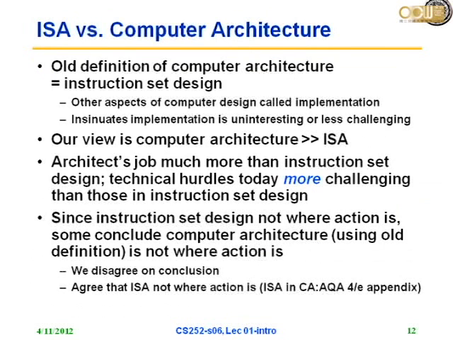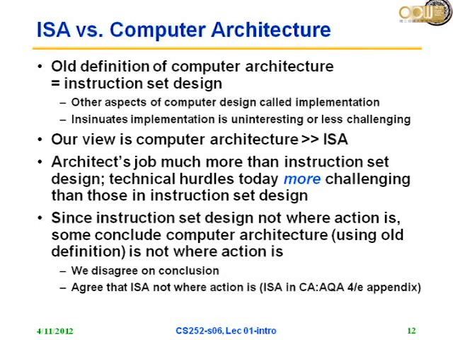So, instruction set architecture versus computer architecture. The old definition of computer architecture is instruction set design. So now we know how important instruction set design is to a CPU design, or even to the efficiency of the whole computer system, because the CPU determines how information can be processed, excluding I/O time.